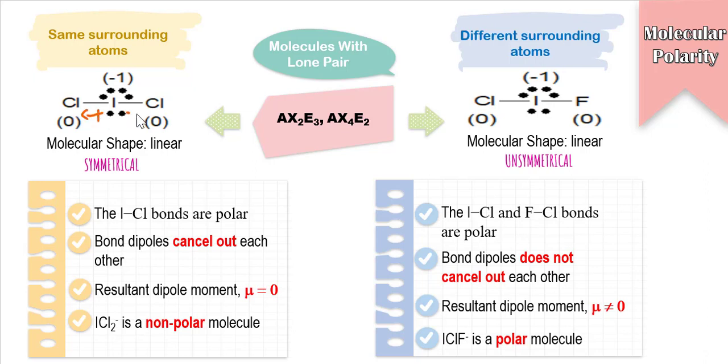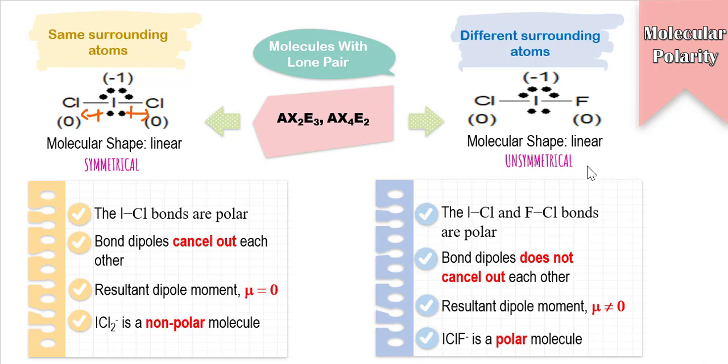Cl is more electronegative than iodine, so the bond dipoles cancel out each other. The resultant dipole moment is equal to zero. There is no resultant at all. So ICl2 minus is a non-polar molecule.